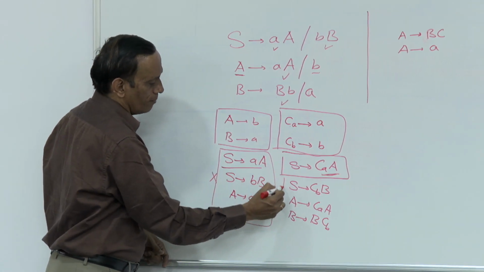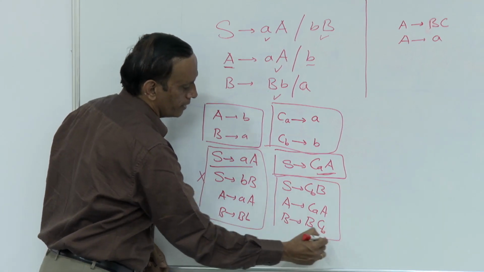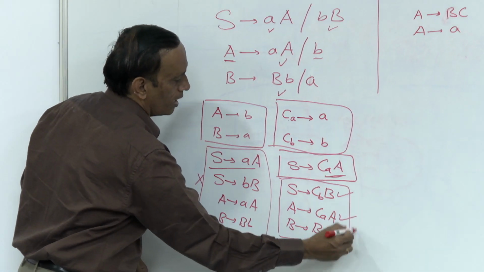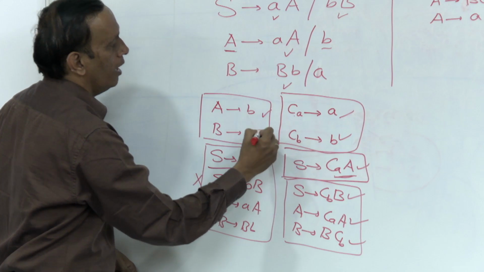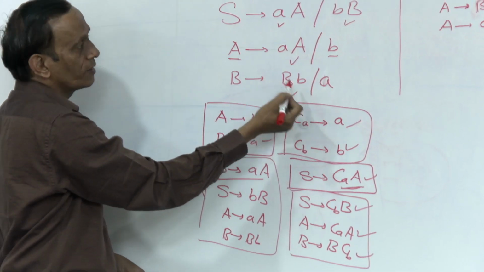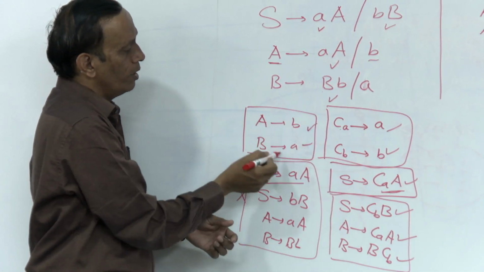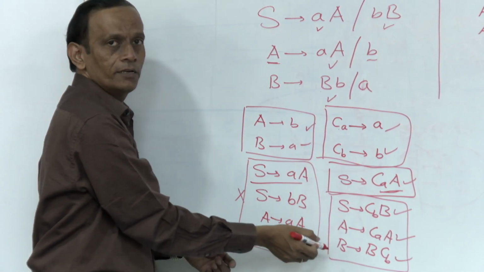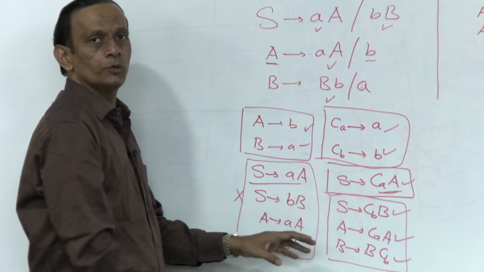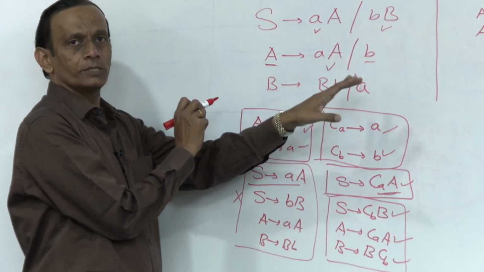So what are the productions that I have created now? Each of these productions is now in the required form. Earlier I was given 6 productions. Now after applying this conversion rule, I got 1, 2, 3, 4, 5, 6, 7, 8 new productions. So this is how you convert a given grammar to Chomsky normal form.